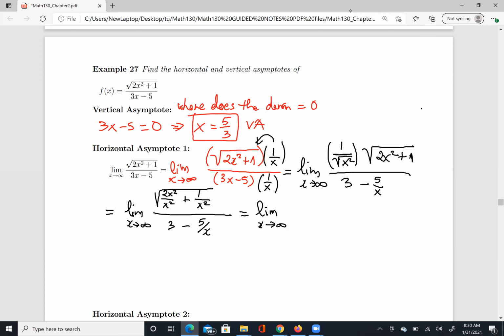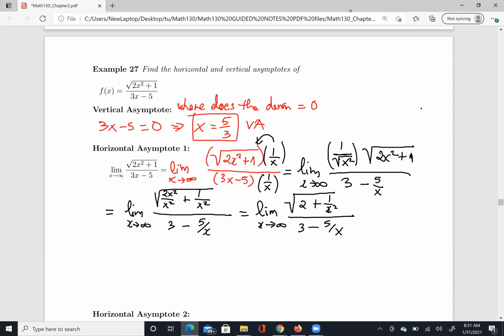Okay, now, wait, let me simplify the top first. Later on, you guys can skip some steps, but for now, I want to make everything clear. So the radical now is 2 plus 1 over x squared, everything divided by 3 minus 5 over x.